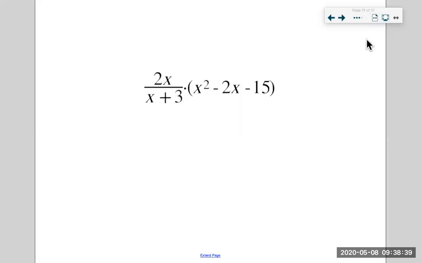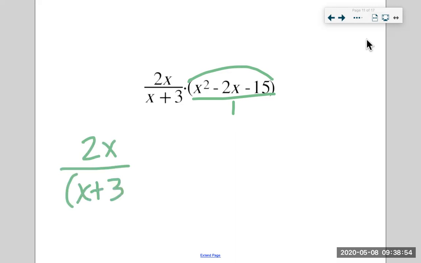Okay, so again, I'm going to make this a fraction just to keep it clear. And we have a trinomial here that needs to be factored. Our 2x divided by the quantity of x plus 3 is nothing we can do with that.